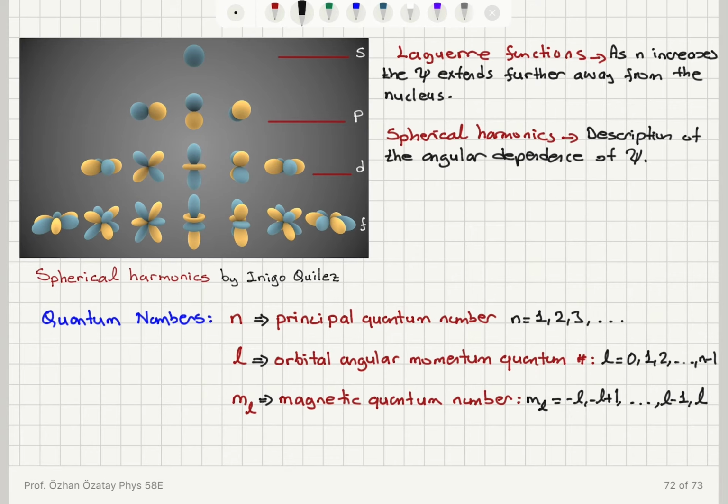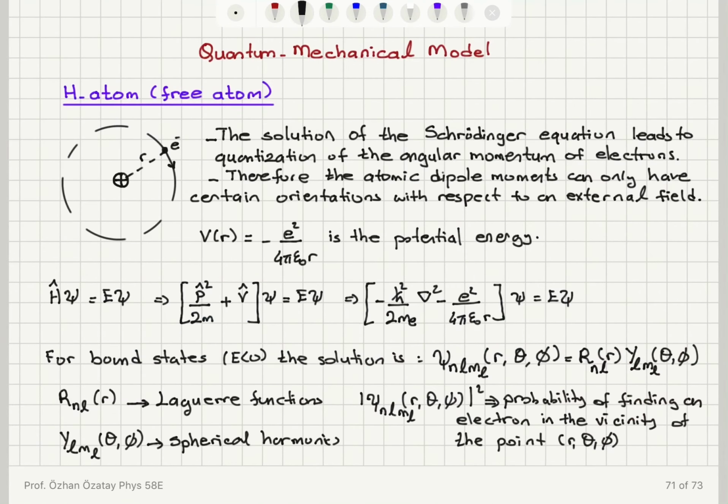And we have the magnetic quantum number M sub L, which can take values minus L, minus L plus 1, etc., all the way up to L. Okay, so basically we have a review of the results for the hydrogen atom.